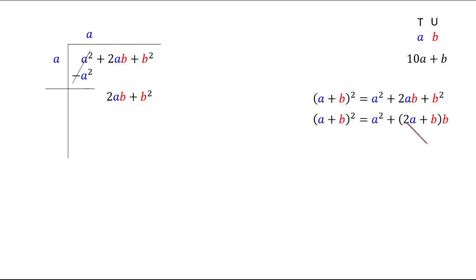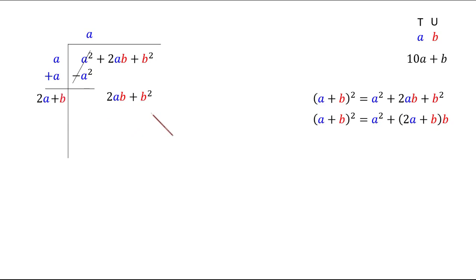So since we require one more a, we have a, we add a over here. So a plus a gives 2a, and that is this 2a. And now we want to find what number should be added over here so that when multiplied with the same number, it gives us 2ab plus b squared.